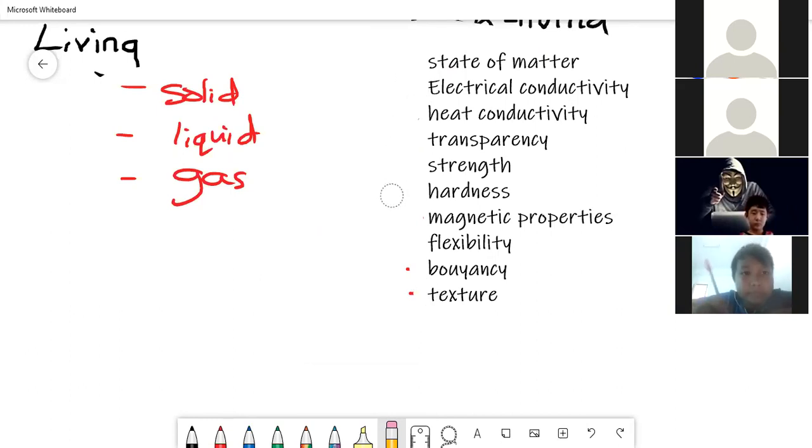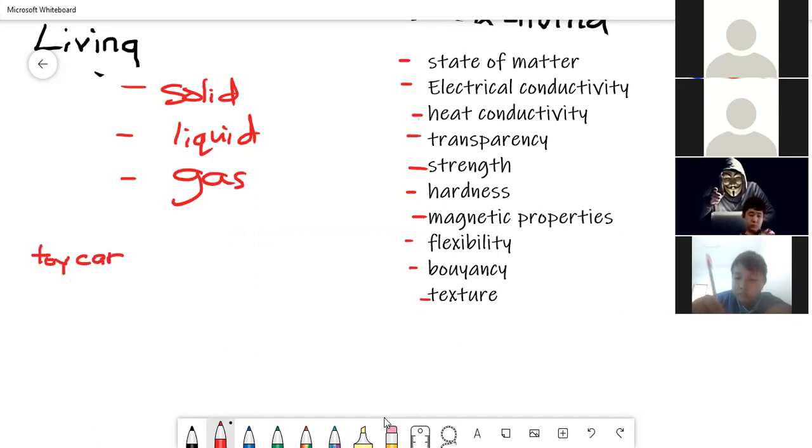The last one. How many drawings do we have? 1, 2, 3, 4. We have four. Number one, the toy car, right?